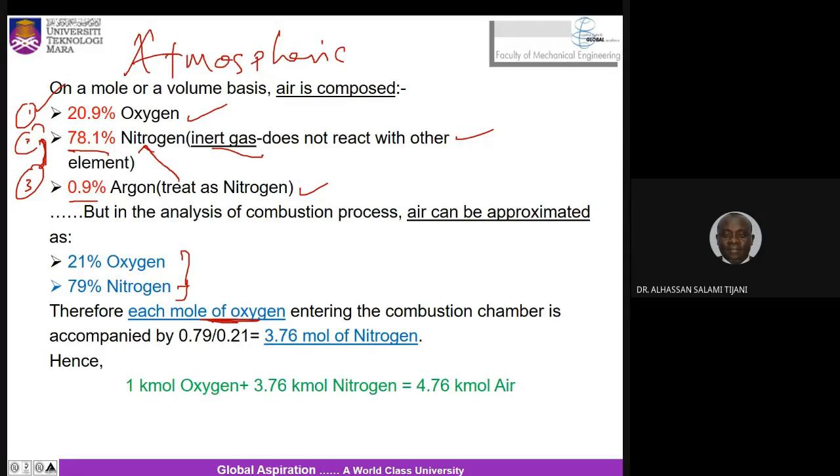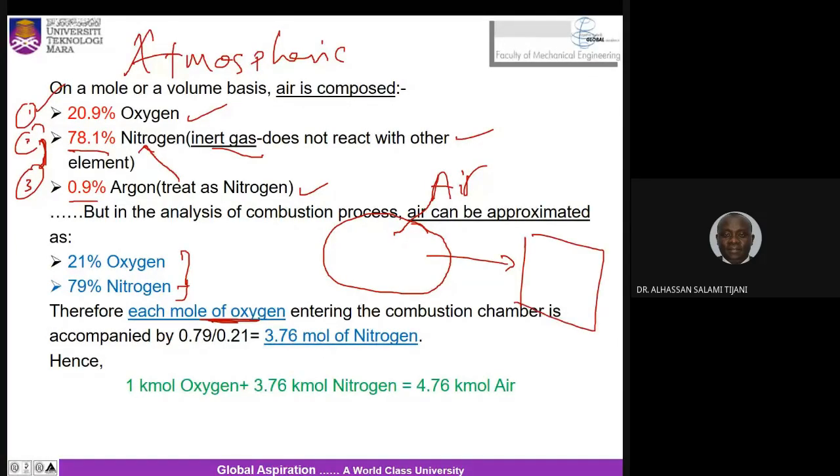entering the combustion chamber, it will be accompanied by 3.76 moles of nitrogen. Let's say I have a certain container that contains atmospheric air, and this atmospheric air is entering a combustion chamber.